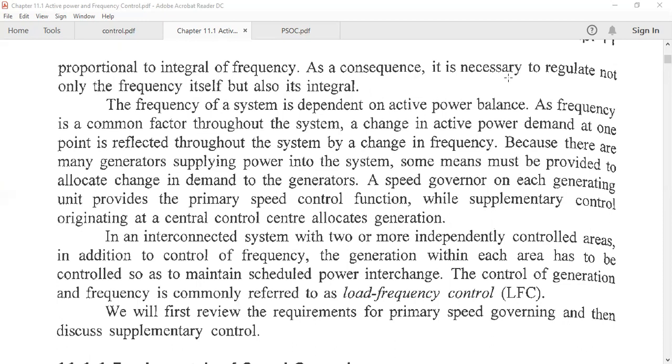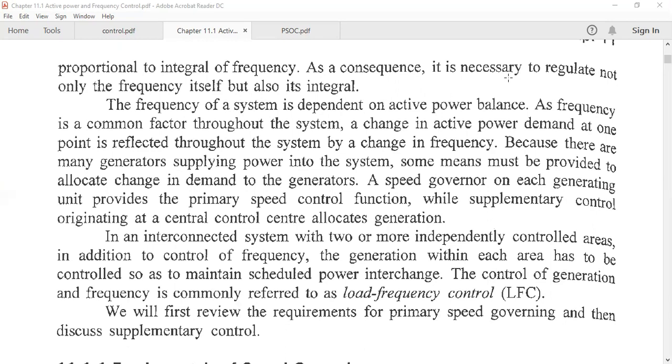In an interconnected system with two or more independently controlled areas, in addition to control of frequency, the generation within each area has to be controlled so as to maintain the scheduled power interchange.